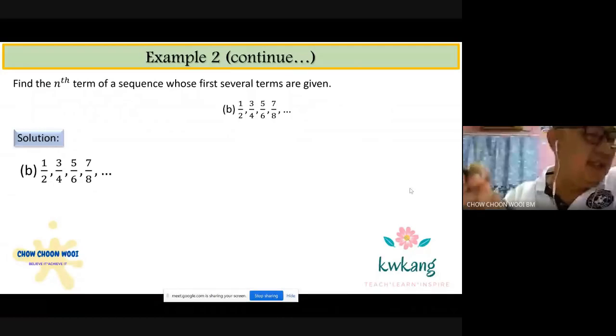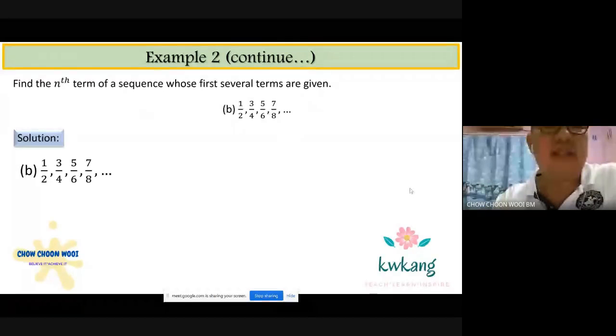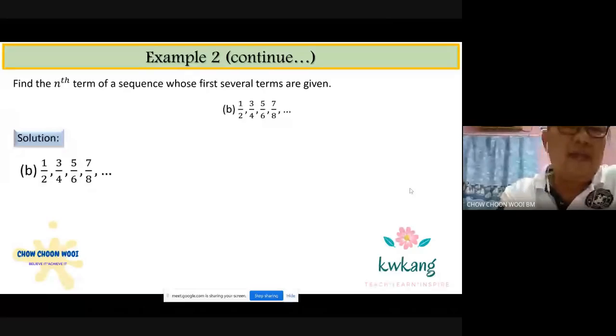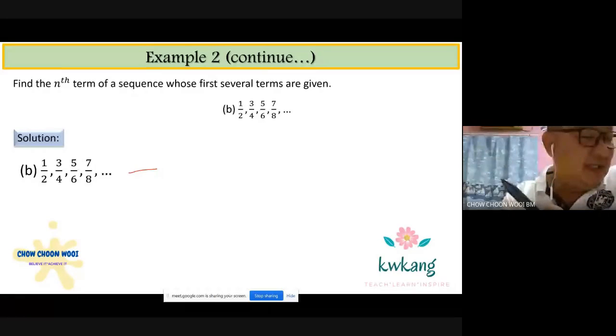Okey, Zulaika, tak apa Zulaika, kita tengok. You tengok, first term 1/2. Second term 3/4, 5/6, 7/8. Kalau n term, semua dia adalah pecahan. Kalau sebutan ke n, Zulaika, dia pun mesti pecahan. Betul tak? Betul. Zulaika, boleh?